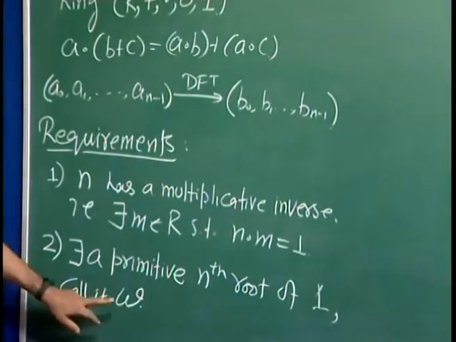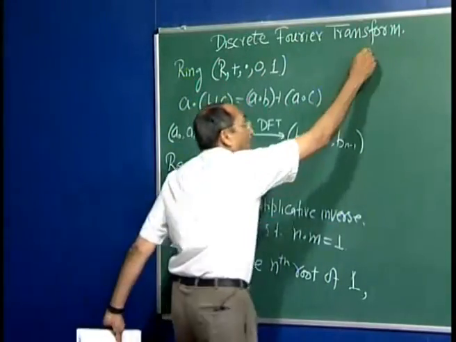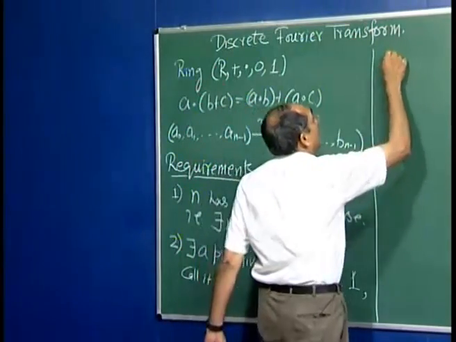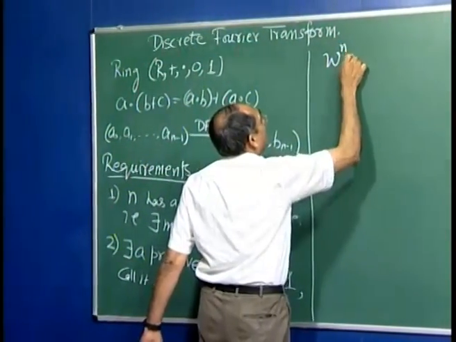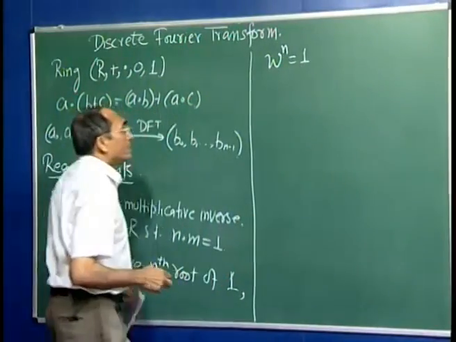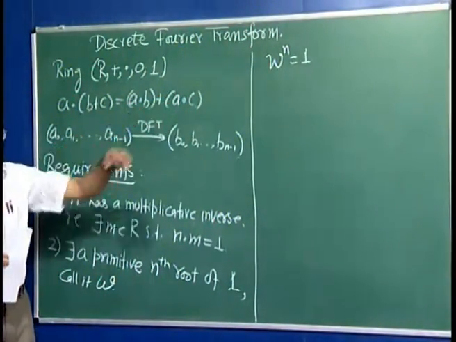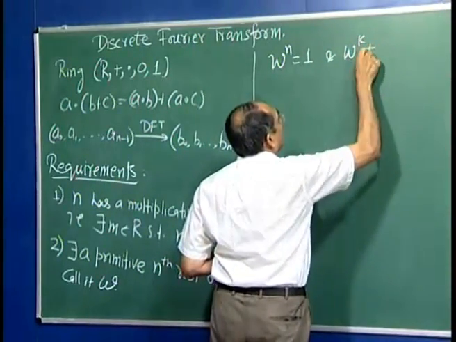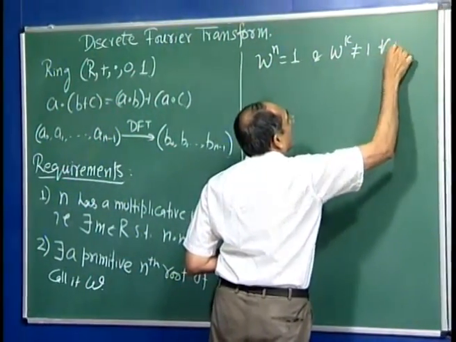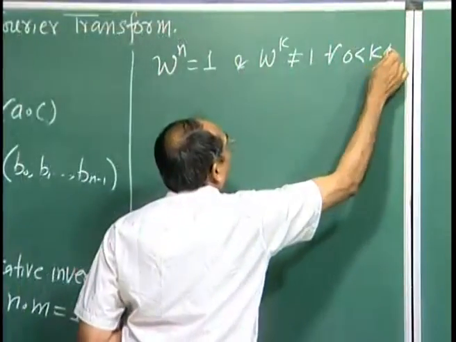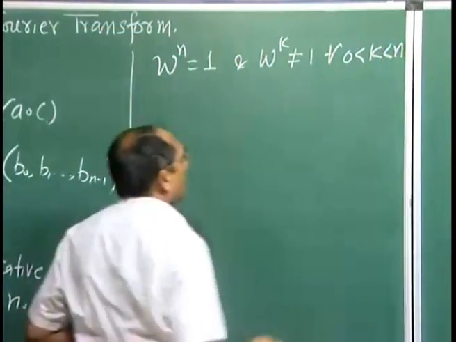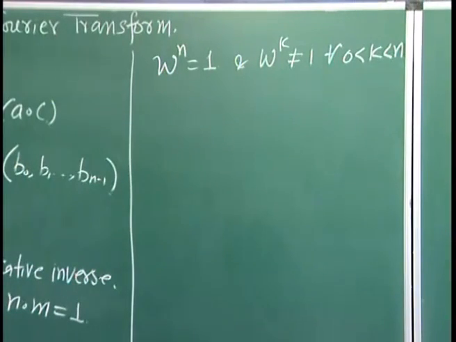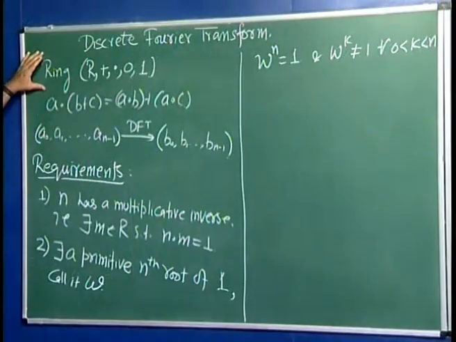What this means is that, well, I will just write down that omega power n is 1, which makes it an nth root of unity, and omega power k is not 1 for all k between 0 and n. Okay. These two requirements are there in addition to the fact that this is a commutative ring with unity.